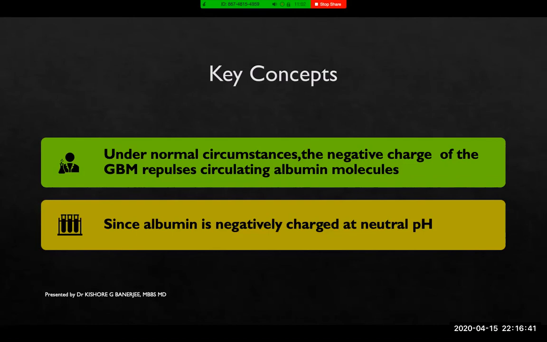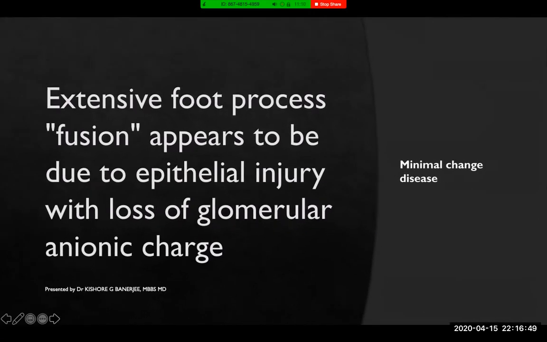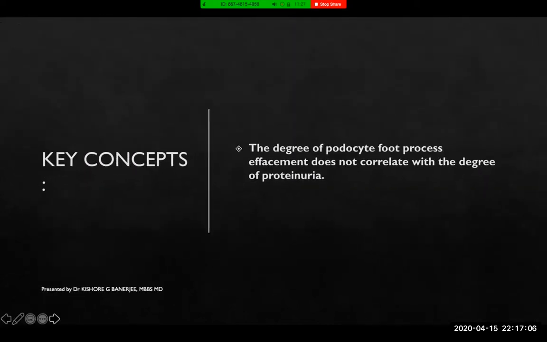But in this condition, there is an alteration in the charge of the glomerular basement membrane. This extensive foot process fusion appears to be due to epithelial injury, and there is some loss of the negative, anionic charge of the glomerular basement membrane, which results in proteinuria.